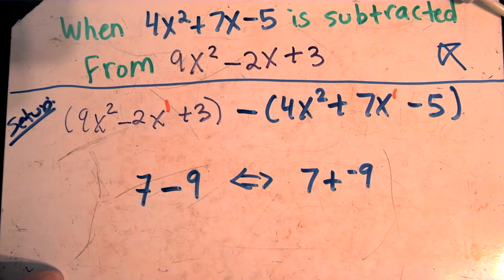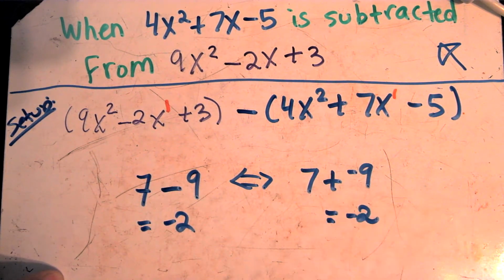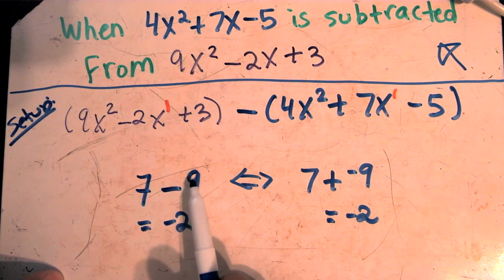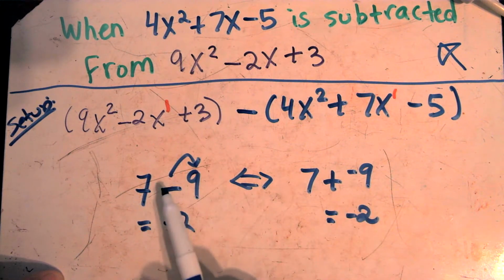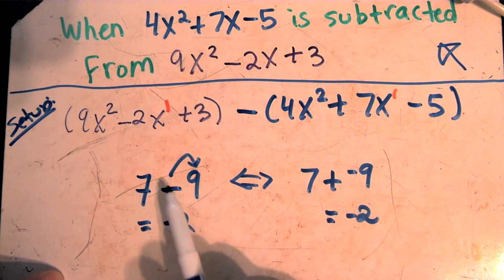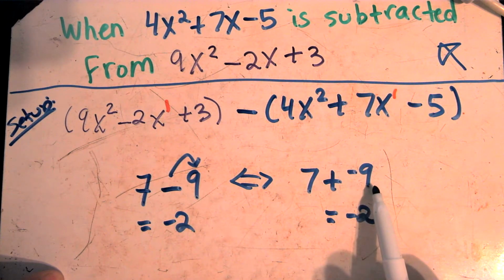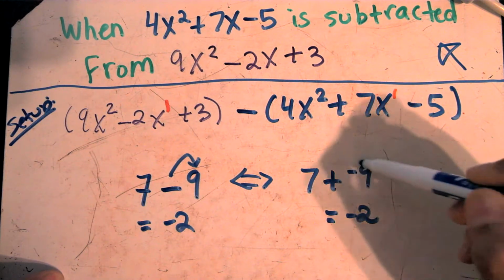And if you don't believe me, take out a calculator and you'll see they both give you the same answer. I'm basically distributing that negative to the 9. So the negative was distributed to the 9. Negative 1 times 9 gives me negative 9. And I have converted the problem into an addition problem.